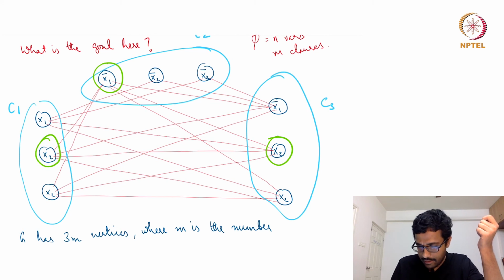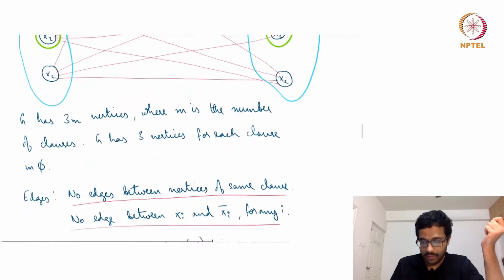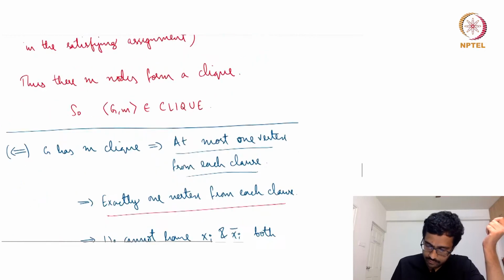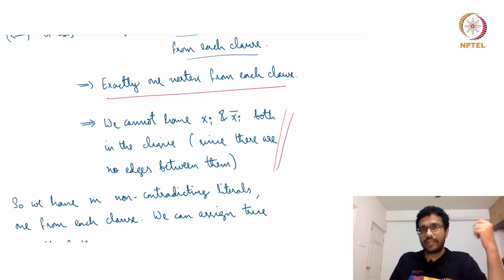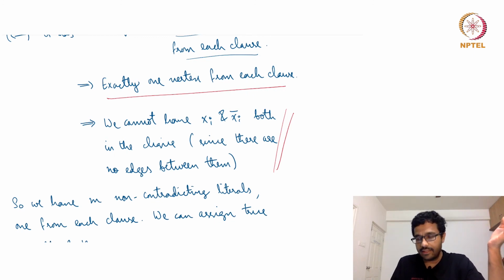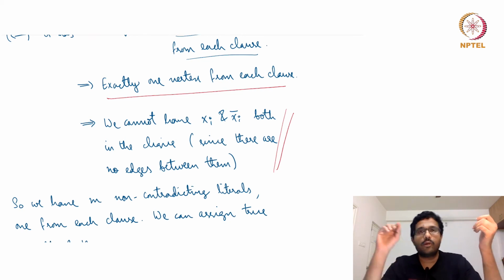The clique that we picked here, x1 complement, x2 and x2, forms a clique because they are all in different groups, and they are not xi and xi complement. So we cannot have both xi and xi complement for any i in the clique. So we have M literals, one from each clause.